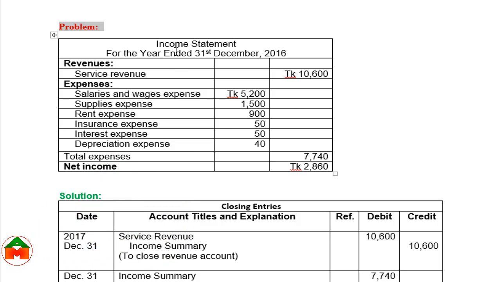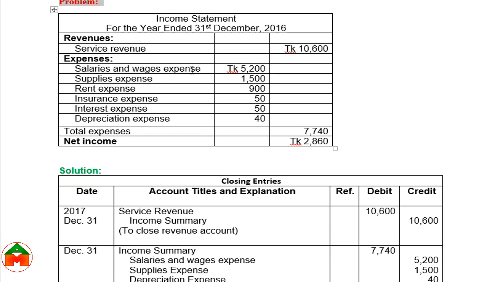Here we can see an income statement. Generally we know that in an income statement there are accounts of income and expenses. Service revenue is an income with the amount of 10,600, and there are some expenses: salaries and wages expense 5,200, supplies expense 1,500, rent expense 900, insurance expense 50, interest expense 50, depreciation expense 40.